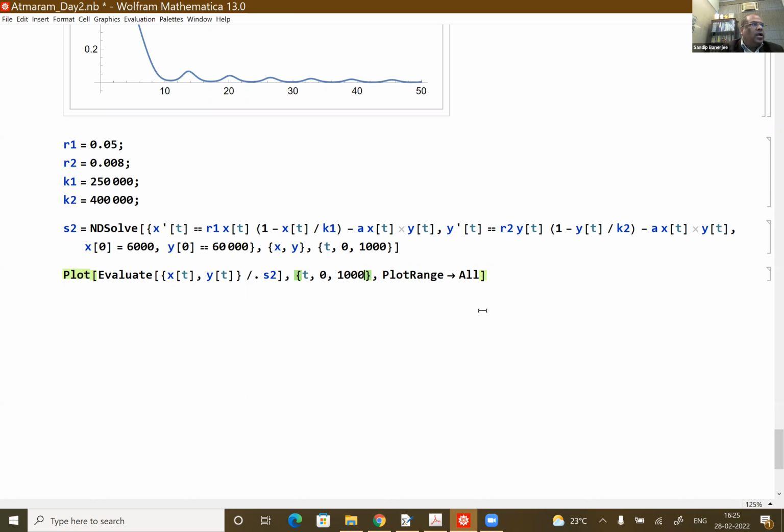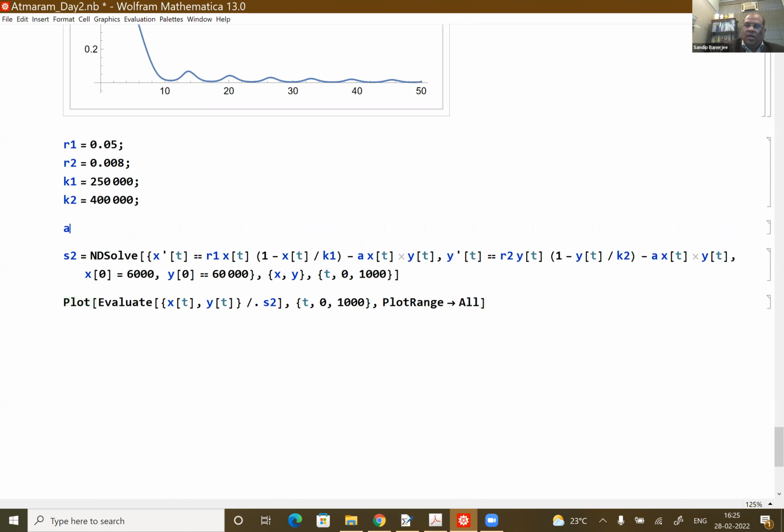Okay, what I didn't do is I didn't put the value of A. Say the value of A equal to 10 to the power minus 8.